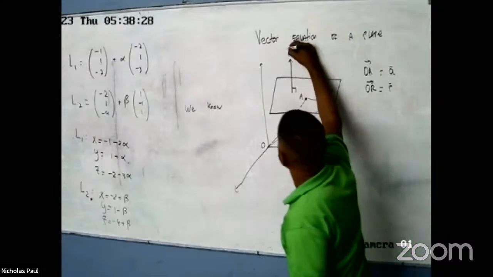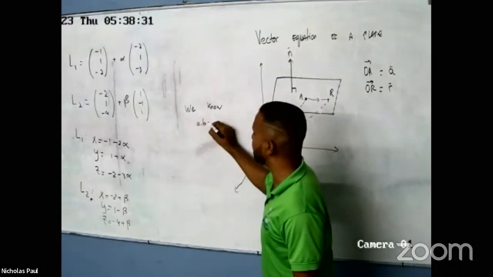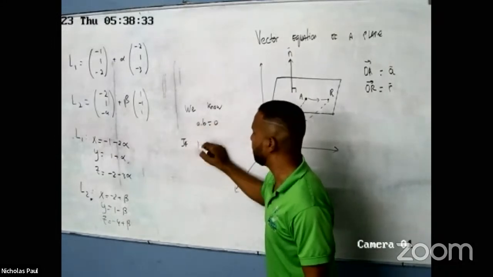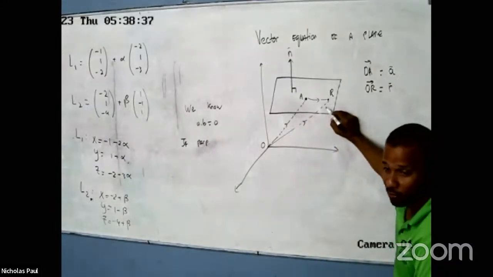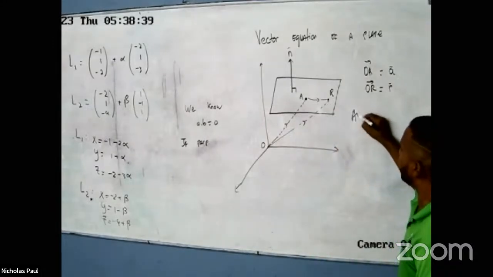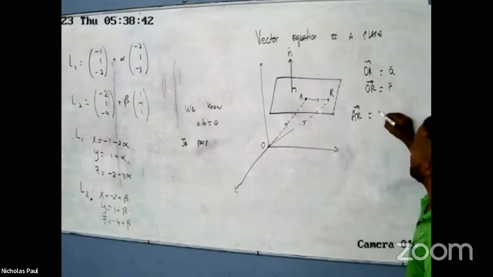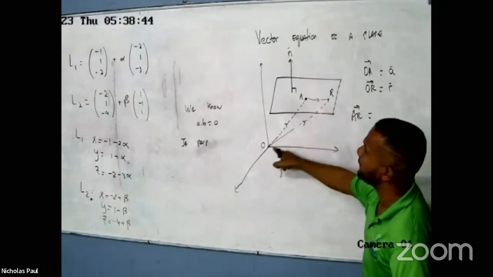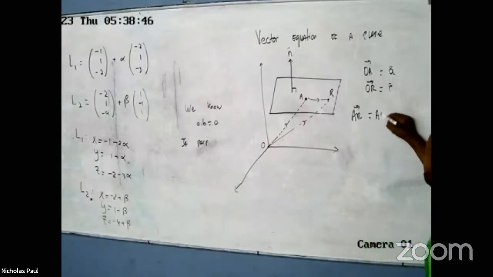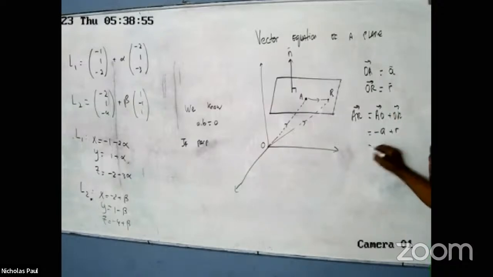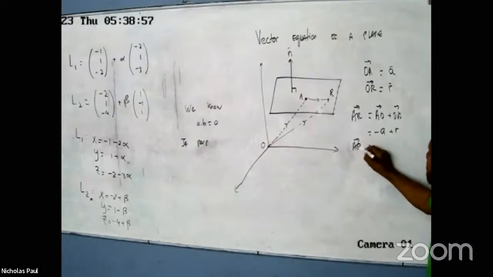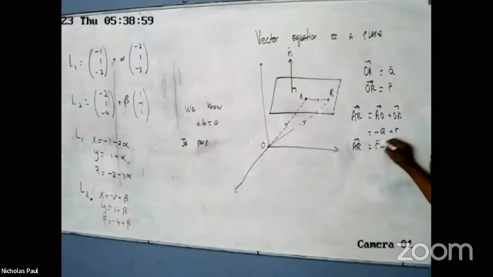We know that a dot b is equal to 0 if perpendicular. So that's the reason why we're going after AR. So AR is what? Vector AR is A to O, O to R. So it's A to O plus O to R. A to O is minus a, and O to R is r. So we can see that AR is equal to r minus a.